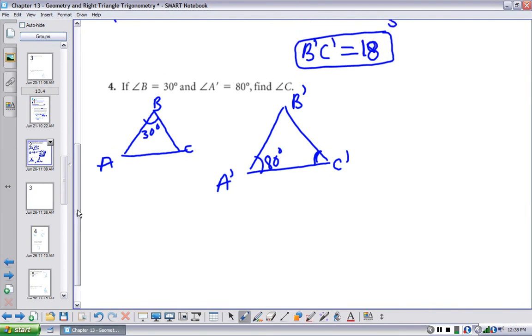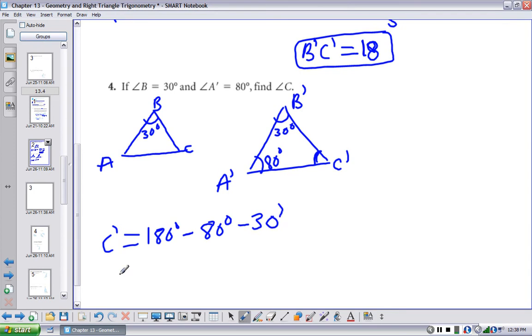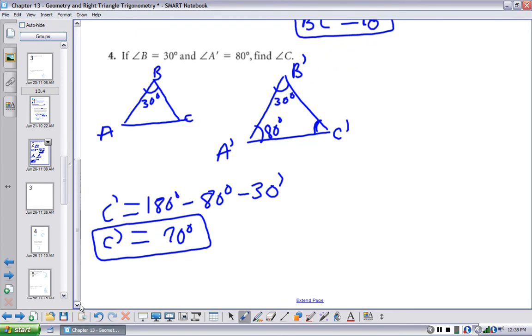That is, number 1, if their sides are in proportion, or number 2, if they have the same measure of the angles. So we know that there are 180 degrees in one triangle, and to find C prime, we subtract A prime, and B prime is going to be the exact same because we have similar triangles. So C prime is 180 minus 80 minus 30, which is 70 degrees. That's our C prime.